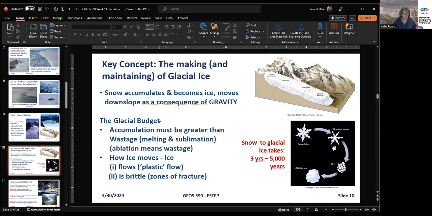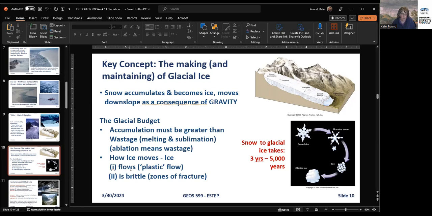So the glacial budget. Accumulation has to be greater than wastage, which means melting and or sublimation, if, and this isn't written down here, if we want the valley glacier to grow and advance.